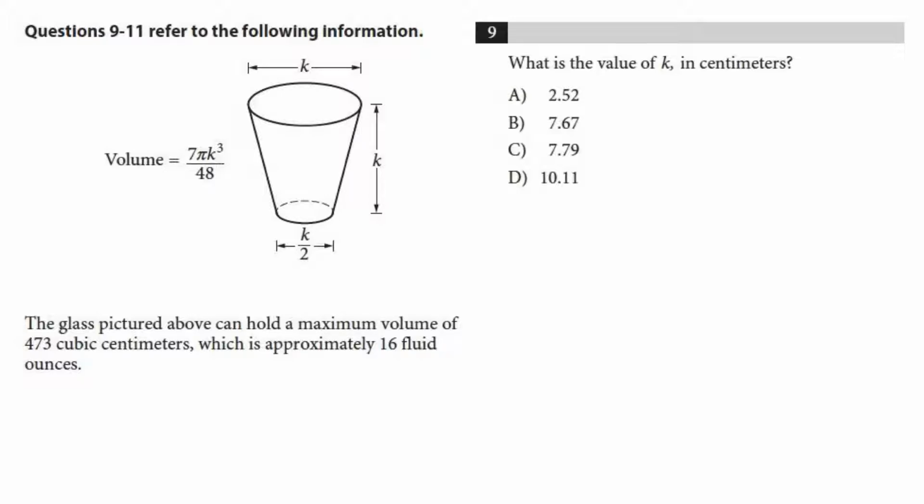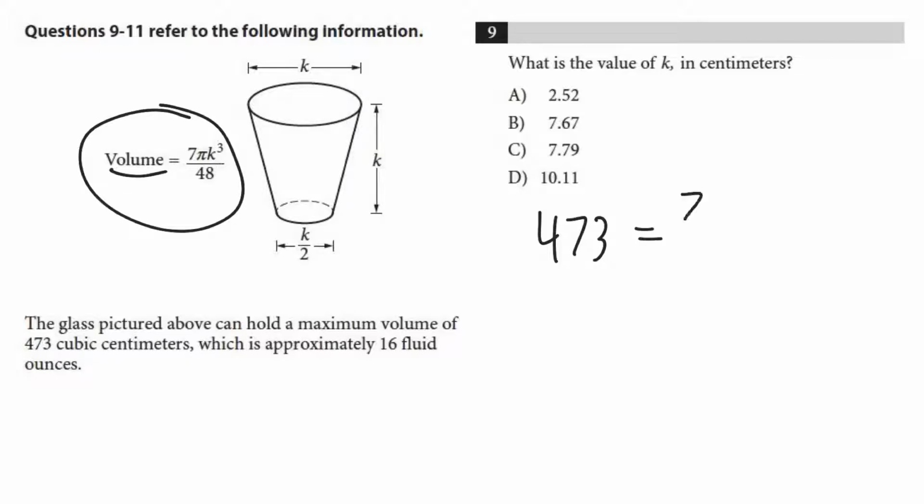Okay, so we know the volume. We know the volume formula, and we know the volume in cubic centimeters. 473 equals 7 pi K cubed on 48.